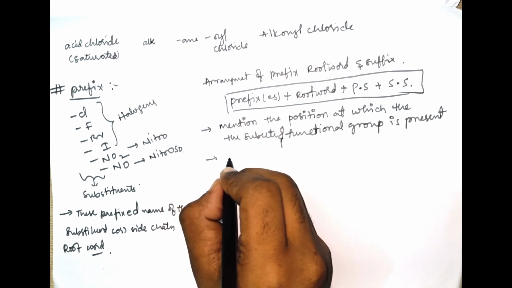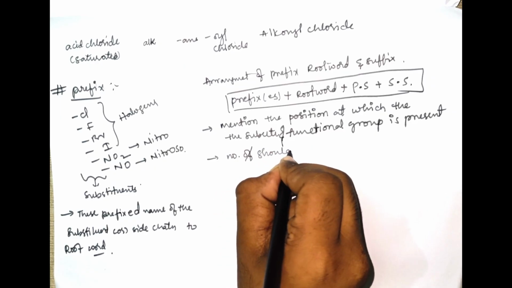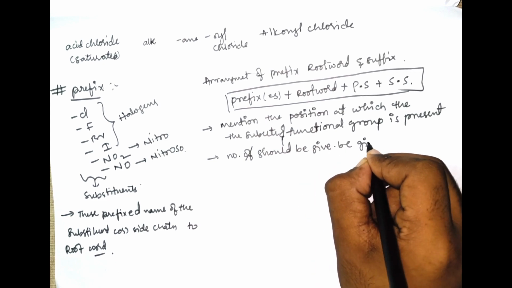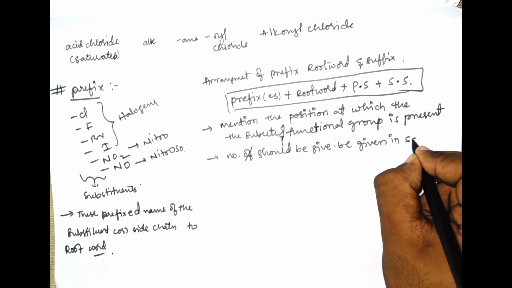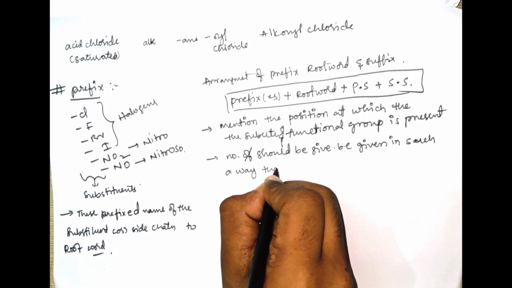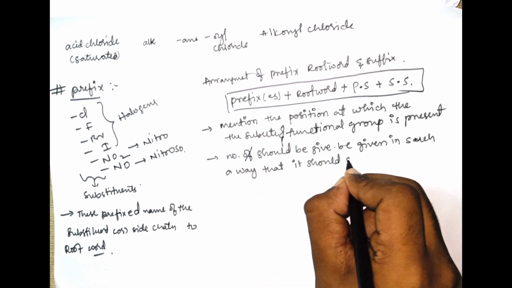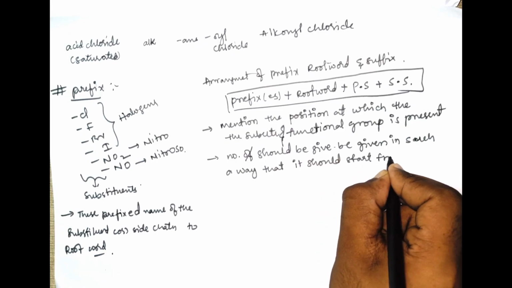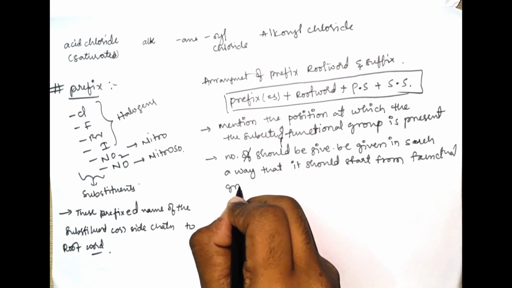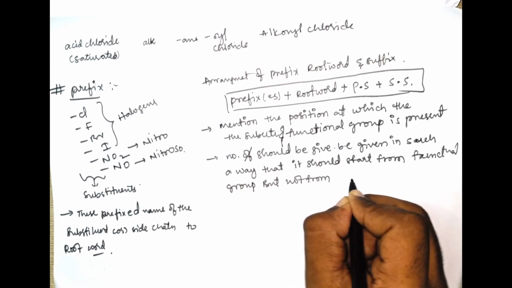And numbering should be given in such a way that it should start from the functional group but not from the substituent.